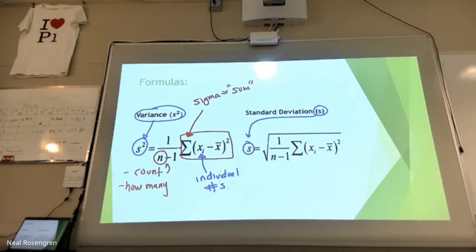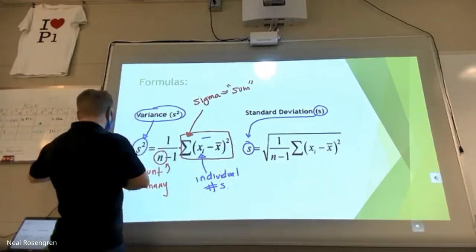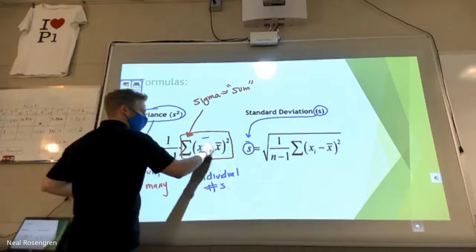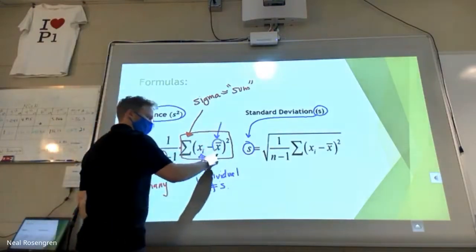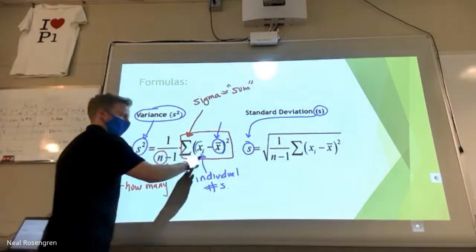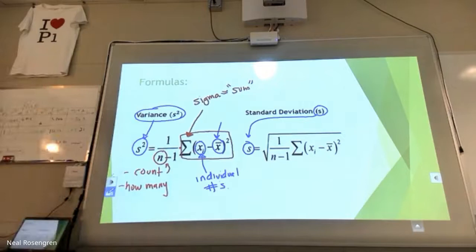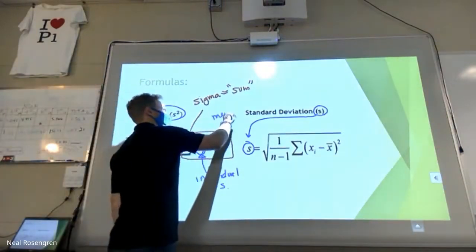But what we're going to do inside here is take all of those numbers and subtract something from each one first. Your individual numbers go there, and from every single one of those, as you're going to see this process play out today, we're going to subtract the average. We're going to subtract the mean.